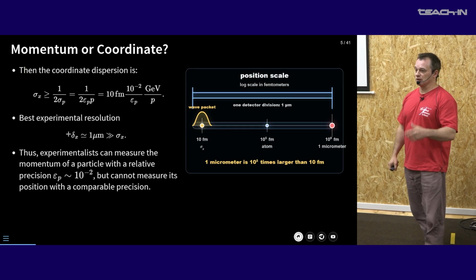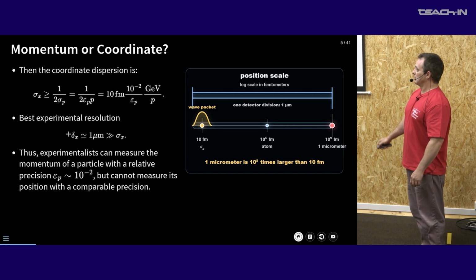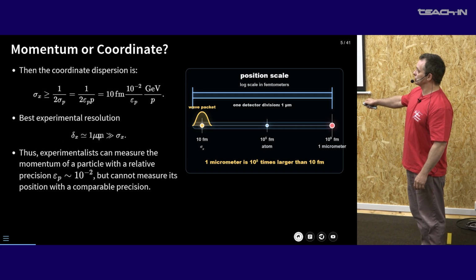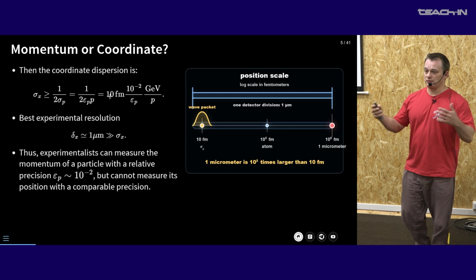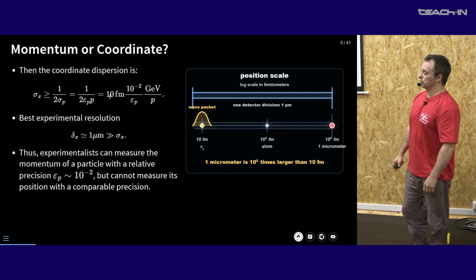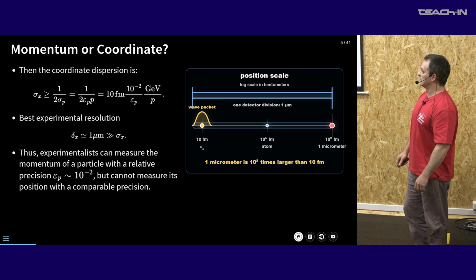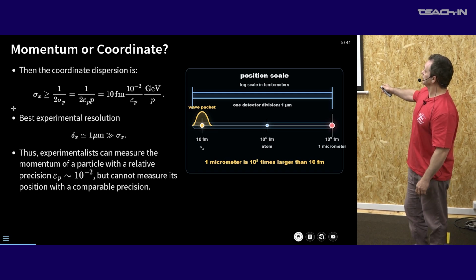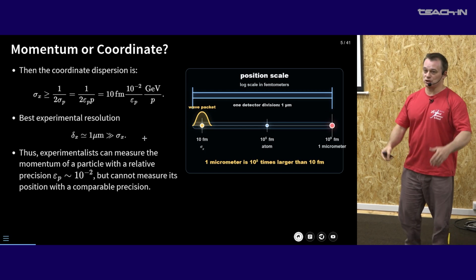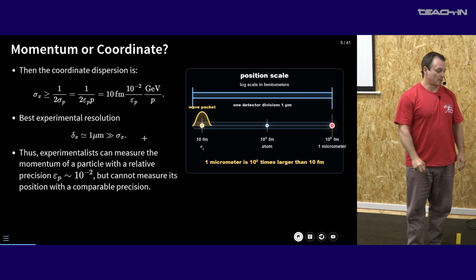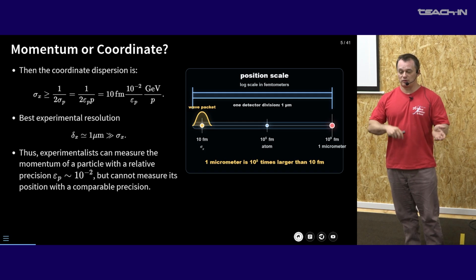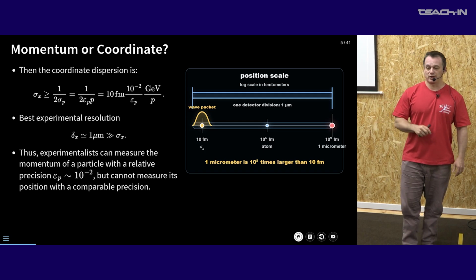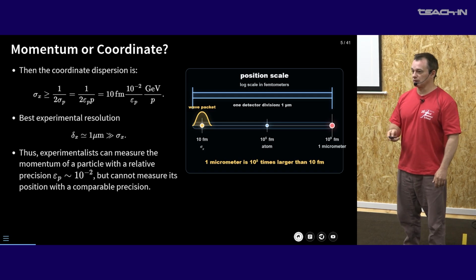You are using cheap silicon detectors, and 1 micron is much, much larger than the uncertainty which we just estimated. So when you have a detector which measures momentum with 10 to the minus 2 precision, you basically have the digit on your ruler way, way larger than the typical spatial dimension of the wave packet of a particle. Therefore, experimentally, detectors measure momenta carefully and not the coordinate accurately.